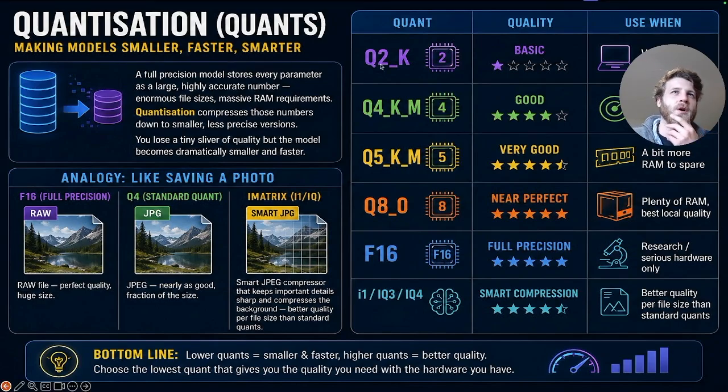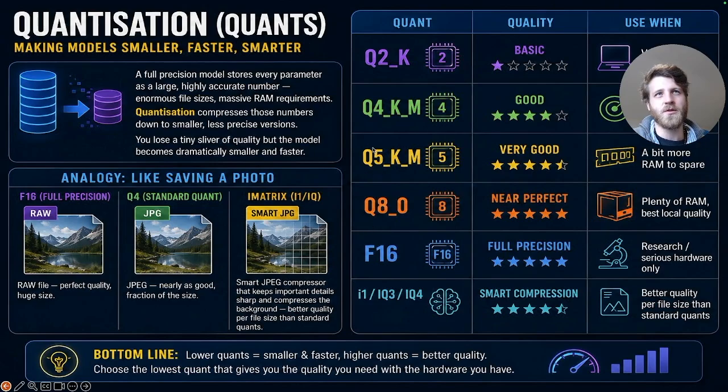Okay, so if we're thinking about F16 full precision, so you need a proper stack to run this on. You can then quantize it, run a quantization process, which will take it down to Q8, Q5, Q4, Q2, and each time you run the process of quantization, it's represented in this shorthand quants.